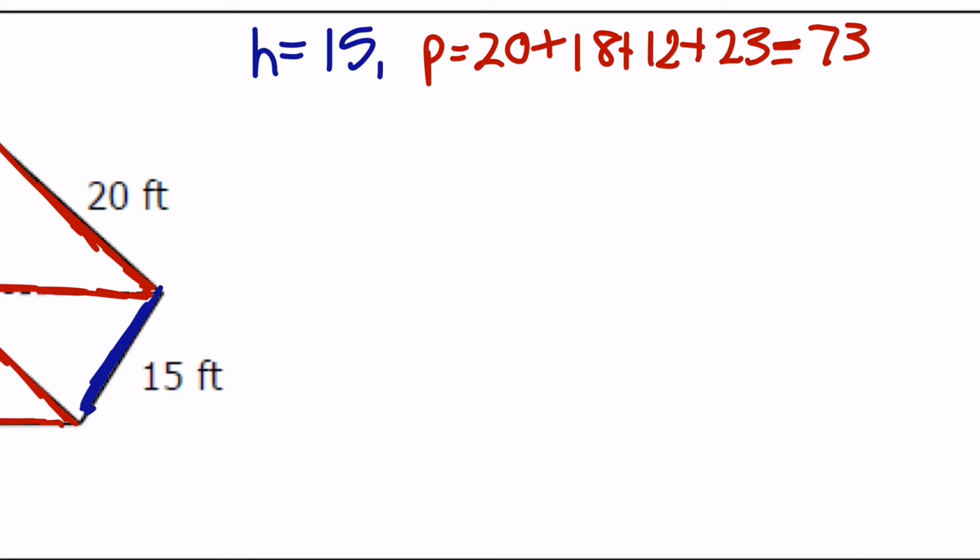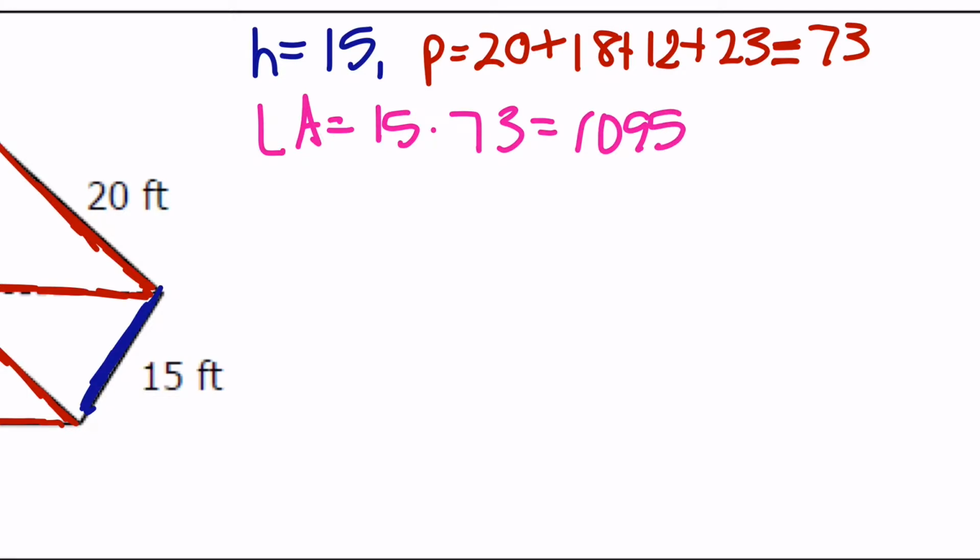Okay. Therefore, now since I know this, I can find my lateral area. My lateral area equals 15 times 73, which is then 1,095 meters squared.